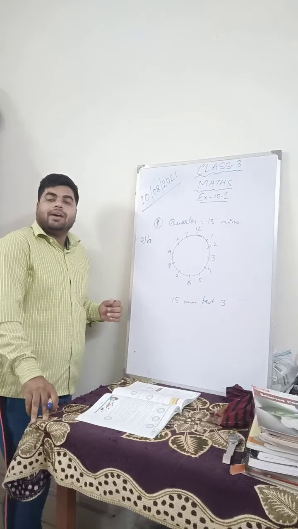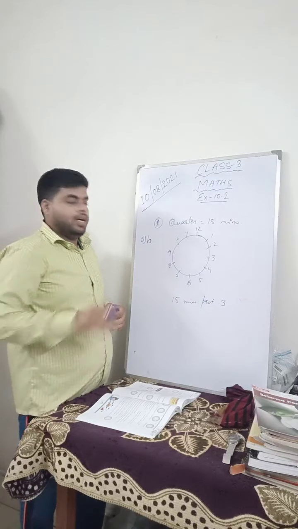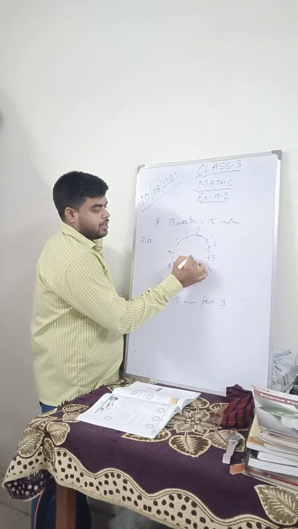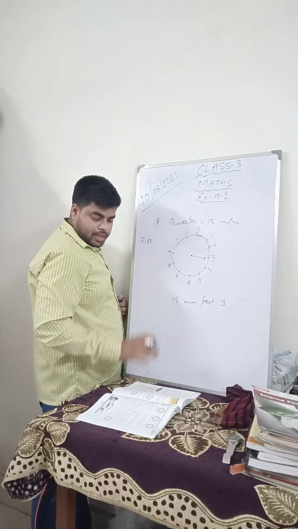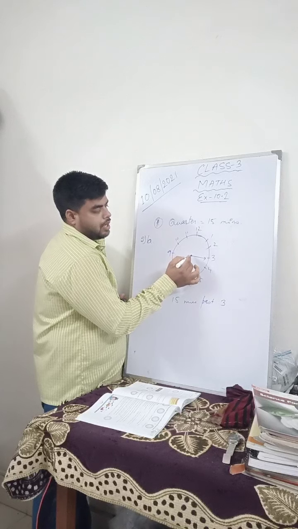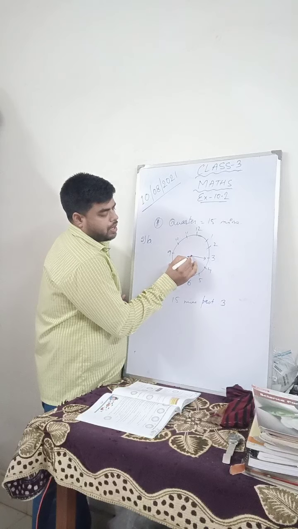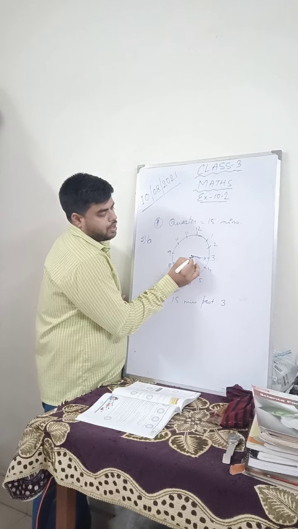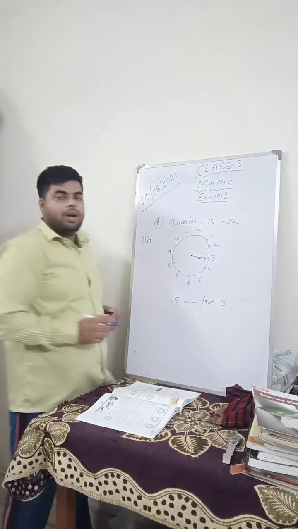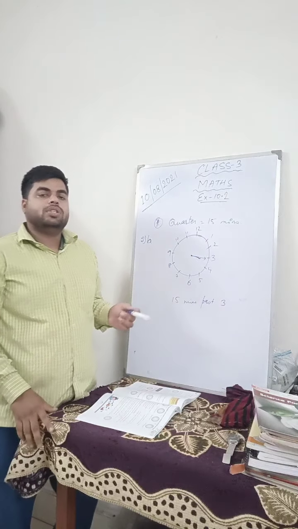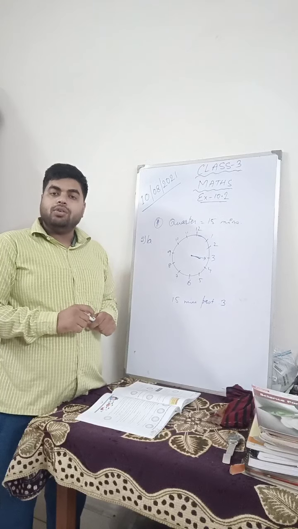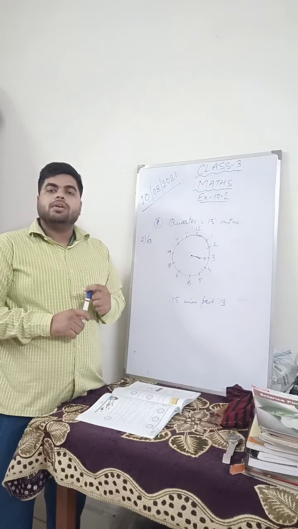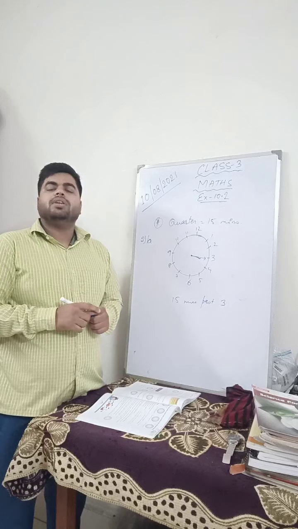That means after 3 o'clock, 15 minutes is already over. So the minute hand will be facing 3 because 15 minutes is past, and they have said past 3, so the hour hand will be a little to the side. It is because the minute hand, hour hand and second hand keep on moving. Along with that, the hour hand also moves, but with a very little speed.